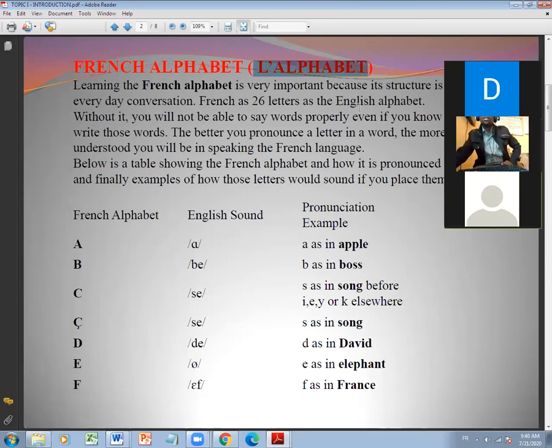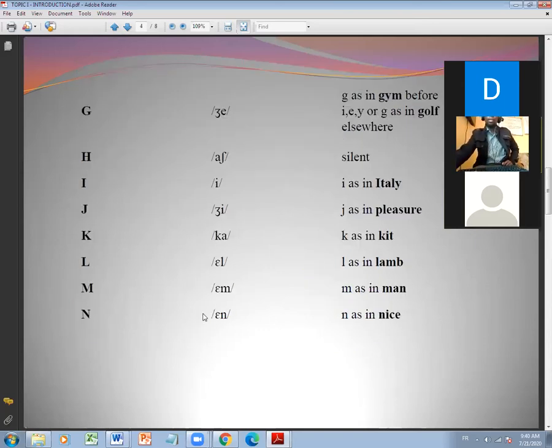Just hold on. L'alphabet. Yes, you see. So we say l'alphabet. La, alpha, l'alpha, B, because there is no vowel after letter T. T is silent. L'alphabet. Very important. Okay? So that is that.